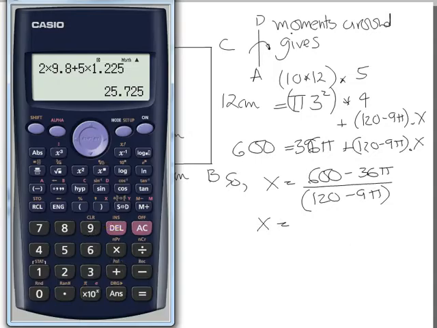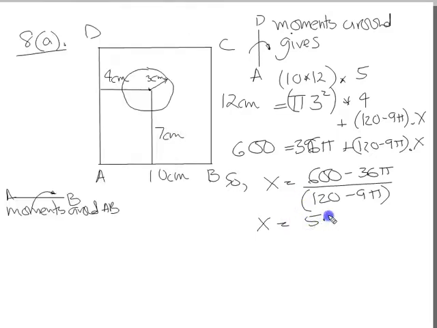Let's tap that in the calculator. So we've got 600 on the top, minus 36 times pi, and the top value will equal that number there. So I've worked that out. Divided by the bottom now, 120, bracket 120 minus 9 times pi, close the bracket, equals 5.308 to 3dp, 5.308, and that's centimeters.